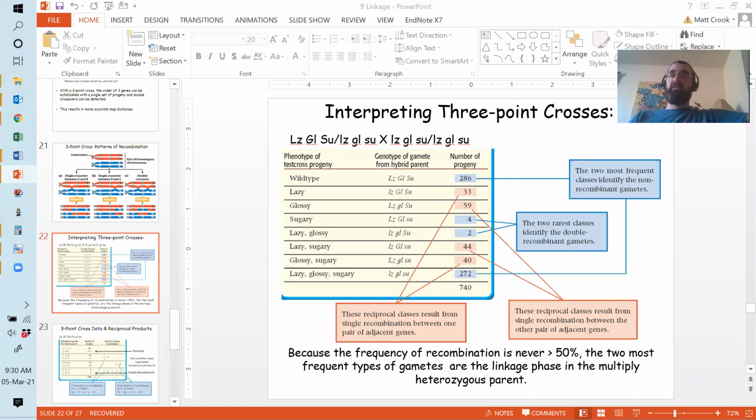If you remember back to the 2-point cross above, if you work out BCD and you got the order wrong, then the distances aren't going to make sense, and your map will be wrong. So you have to work out the gene order first using the double recombinants, which are the fewest that you find. Okay, then what you need to do is work out distances.